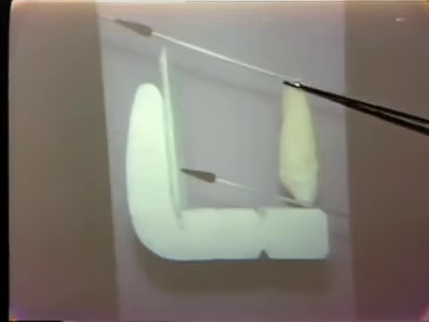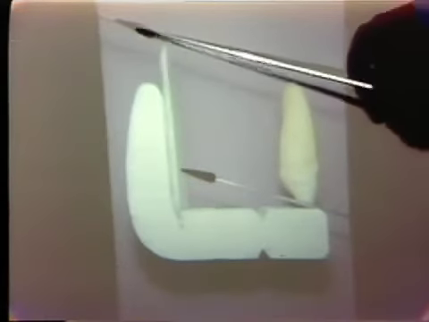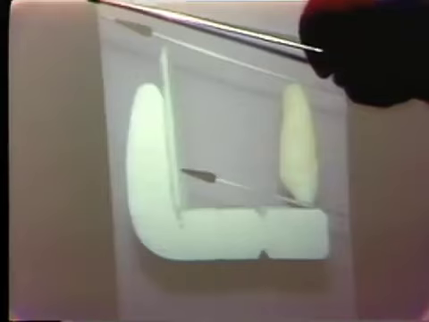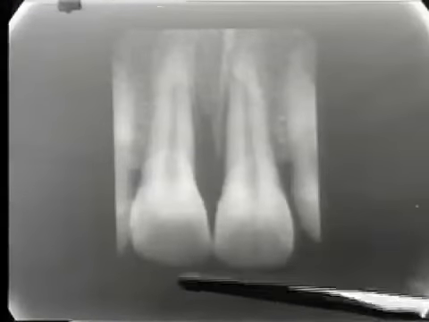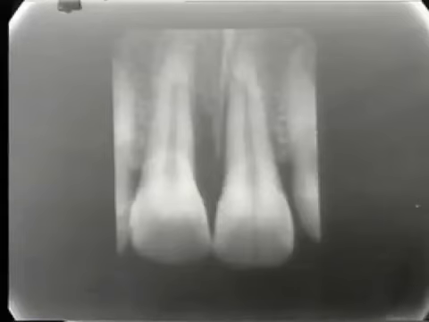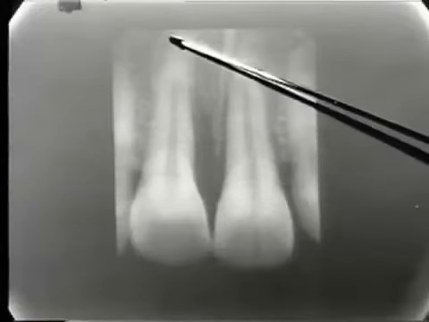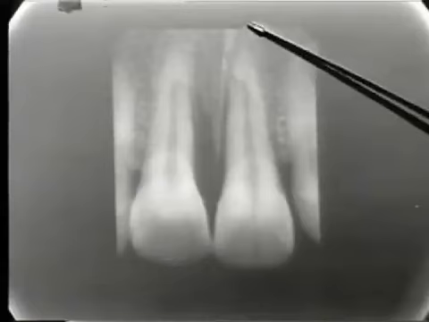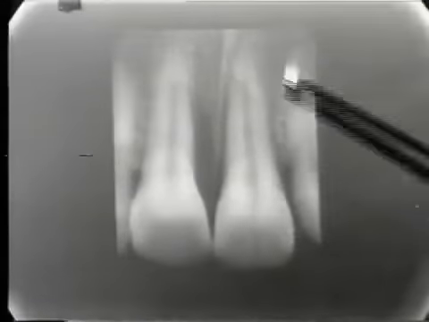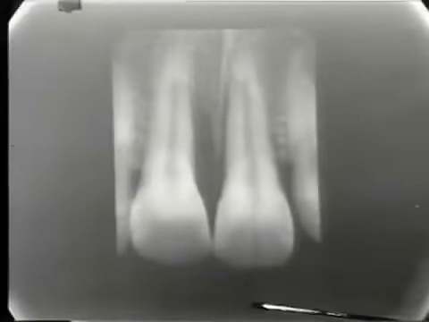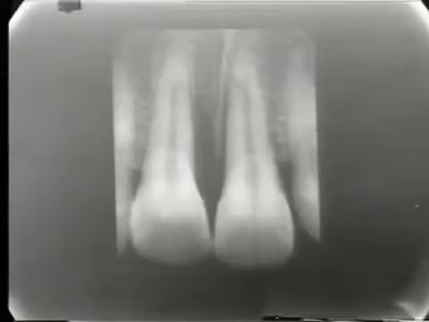And so the image of the apex of the tooth travels above the film and never does record. This is the result of that error. We have a very large black border in excess, and then we are deficient in root apices at this end. So it is very important that we choose the vertical angulation as is indicated by the bite block.